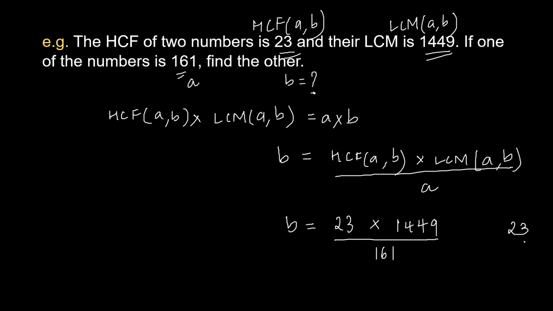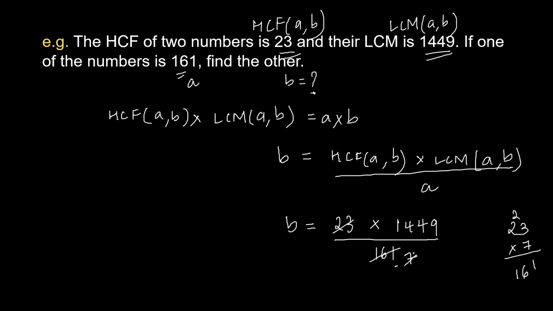By which number should I multiply so that I get 1 in the units place? I think 7, because 7 threes are 21 and 7 twos are 14, 15, 16. So 161 comes in the table of 23. So 23 ones are 23 and 23 sevens are 161.